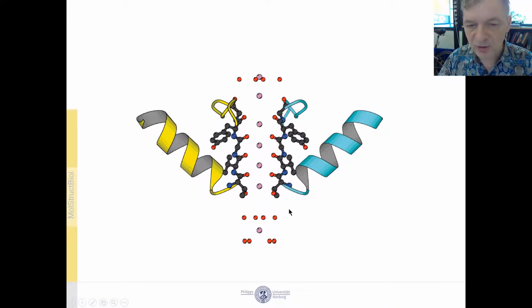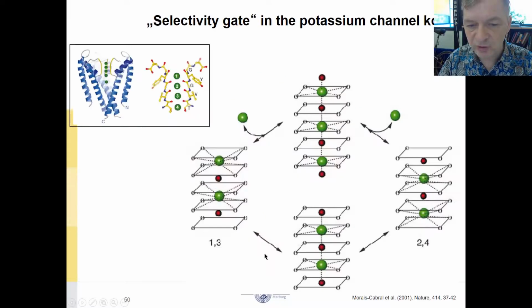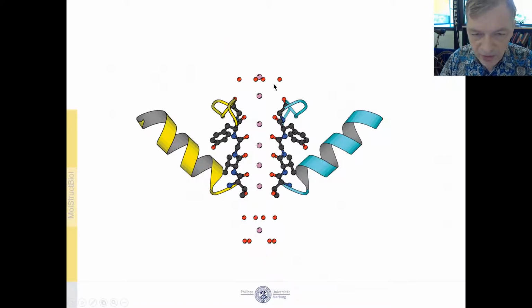That is actually within the transmembrane region of the KcsA channel itself. So that is interesting because it means that after having passed the selectivity gate, the potassium ion finds itself in a fully hydrated environment again. Also, it has still not passed fully the transmembrane area itself.